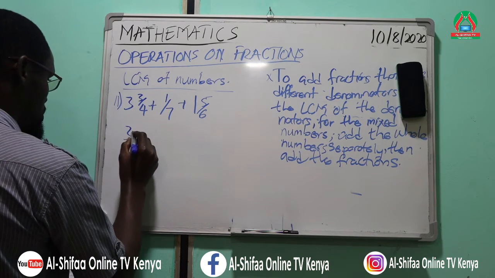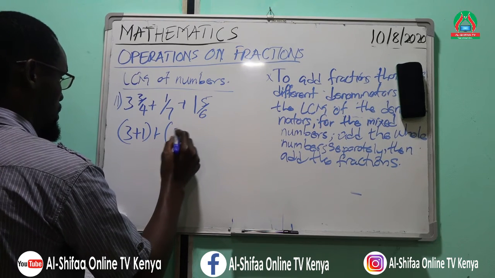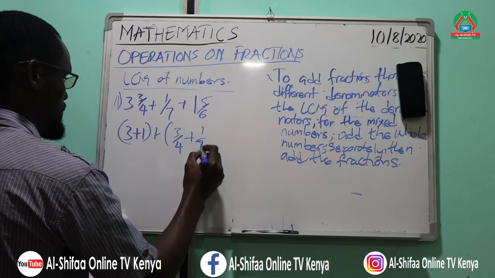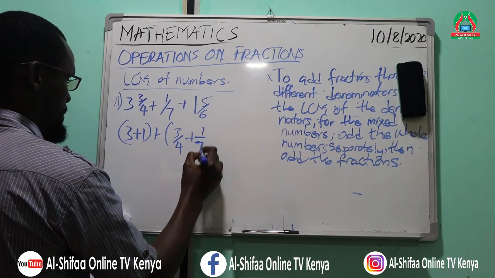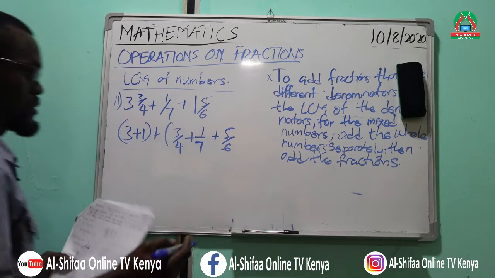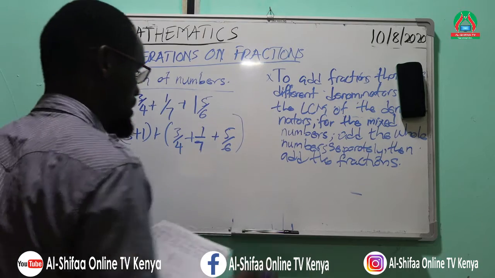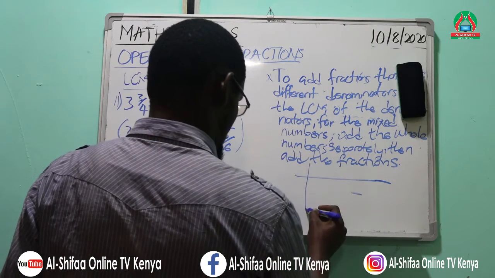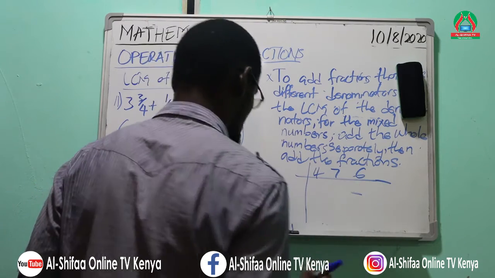So it will be equivalent to 3 plus 1 plus 3 over 4 plus 1 over 7 plus 5 over 6. Then we ask ourselves, what's the LCM of 4, 7 and 6? We have 4, 7 and 6.